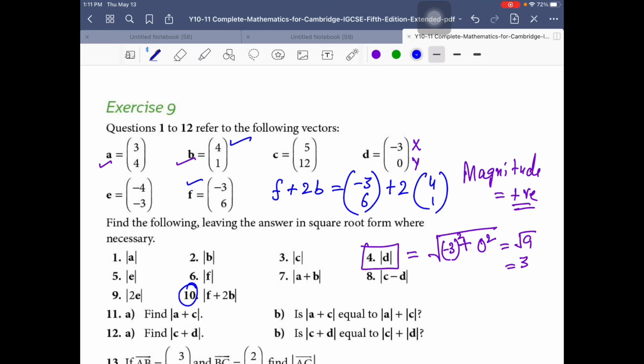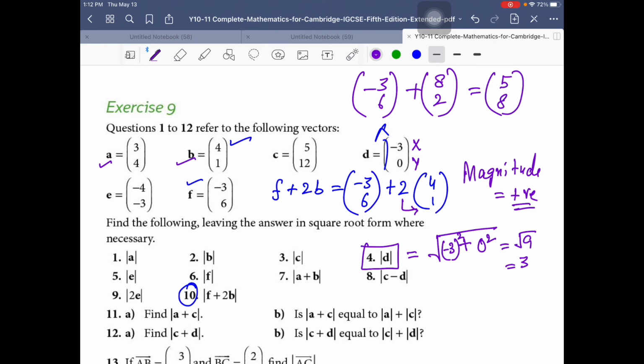If we simplify further here, we get negative 3, 6 plus scalar multiplication: the 2 is going to enter inside the vector to multiply with each of the components 4 and 1. 2 times 4 is 8, 2 times 1 is 2. So we get vector addition. Negative 3 plus 8 is positive 5, 6 plus 2 is 8. So this vector basically is f plus 2b.